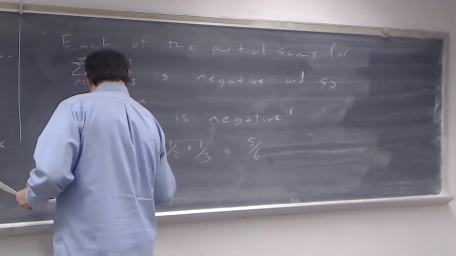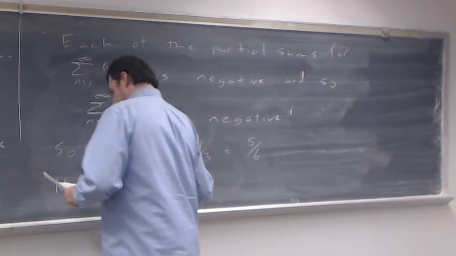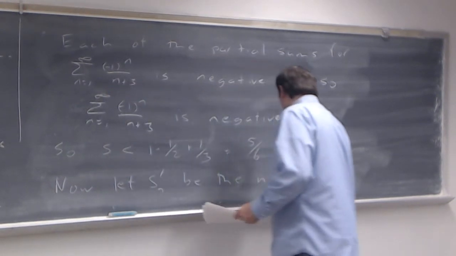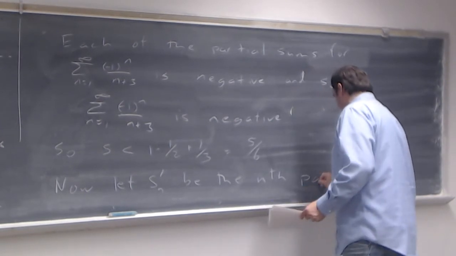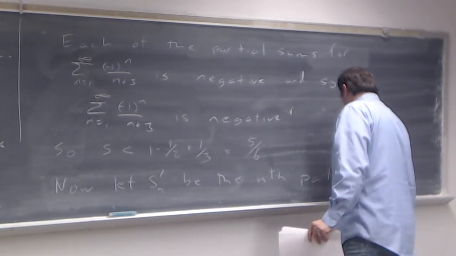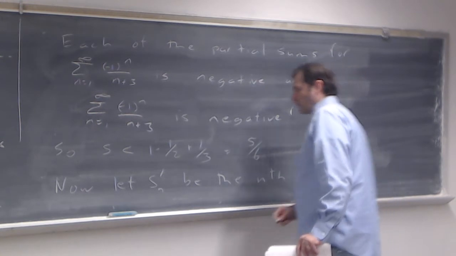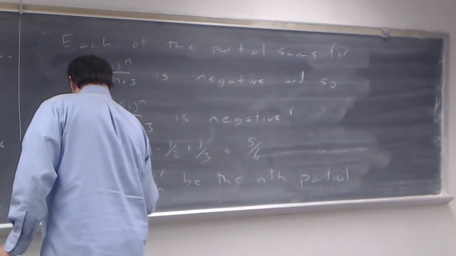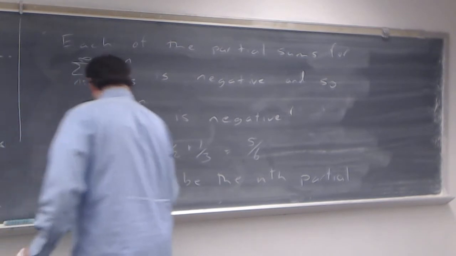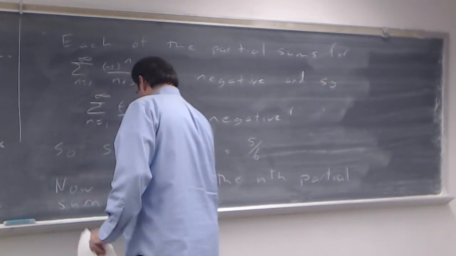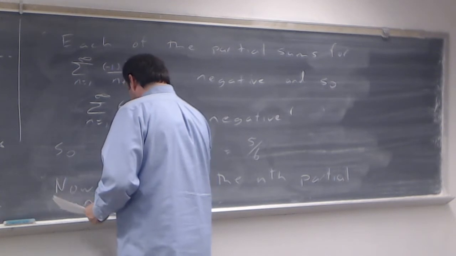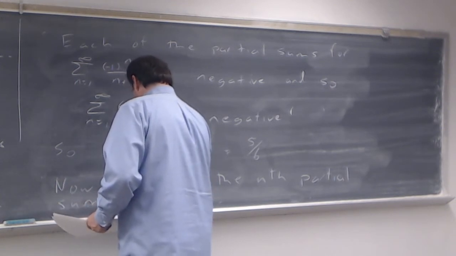If we let S prime sub n be the nth partial sum, let me write down the rearrangement.